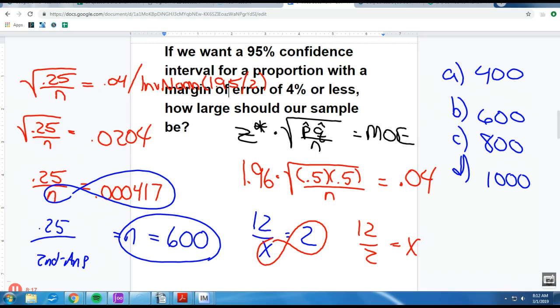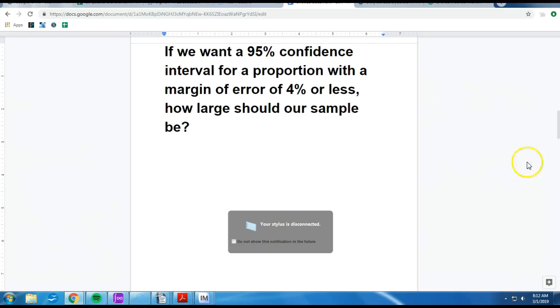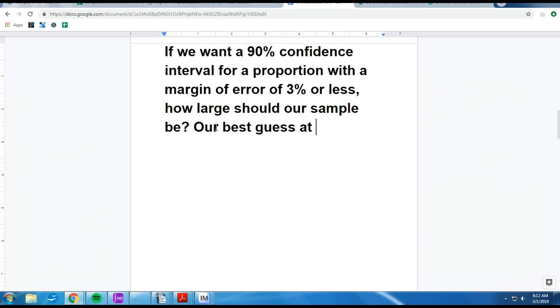So let me give you another one. Here's one where I don't have to guess p hat because they kind of guess it for me.